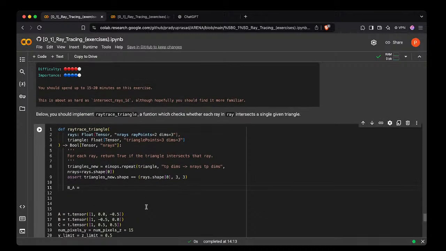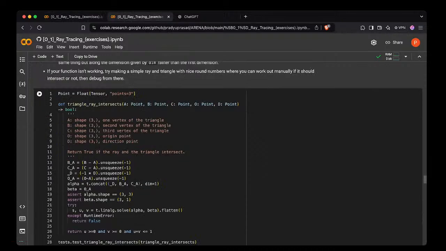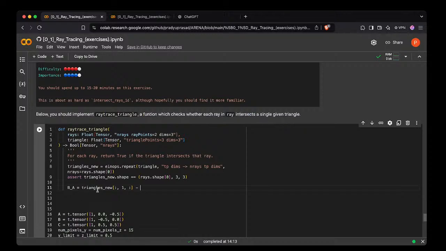We do BA, so BA in this case is triangles new, colon, and what is the B? B is the second one, colon, minus triangles new, colon, 0, colon, 0, colon, right?